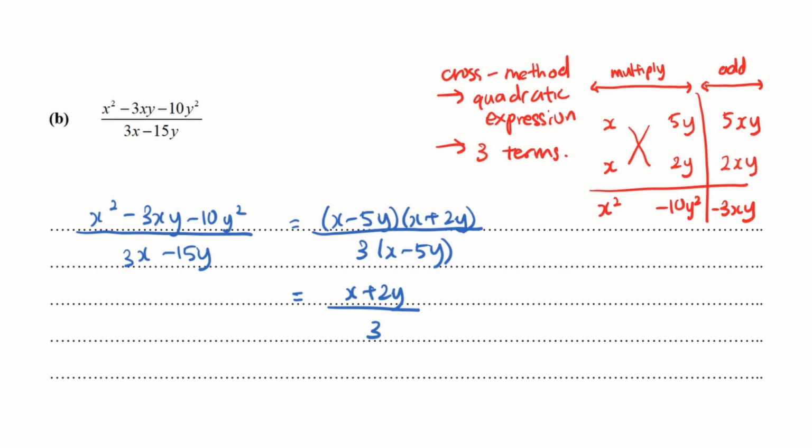Now the question here is, how do I get a minus 3xy here? In order to have 5xy and 2xy add to each other to get a minus sign here, I will probably have to have minus 5xy plus 2xy, because minus 5xy plus 2xy will give me a minus 3xy.